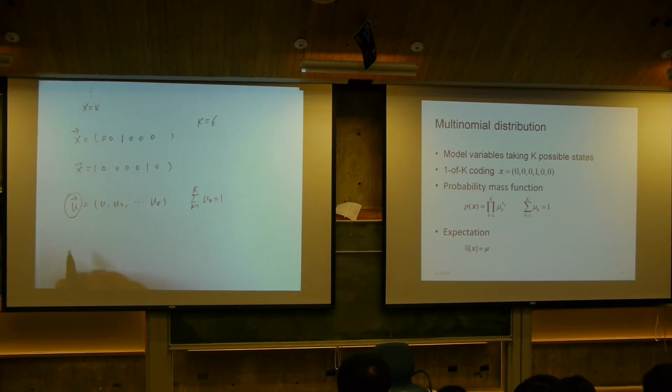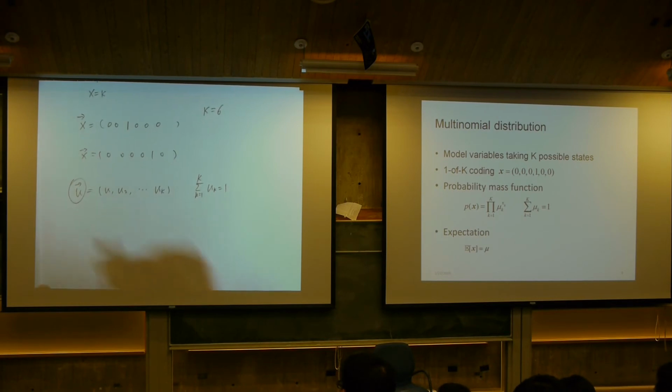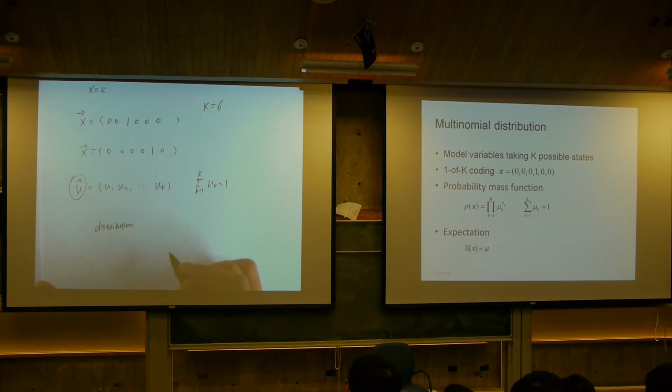Here, I think I need to clarify two concepts. For a distribution, we have two things: the first one is the random variable, and the other one is the parameter.